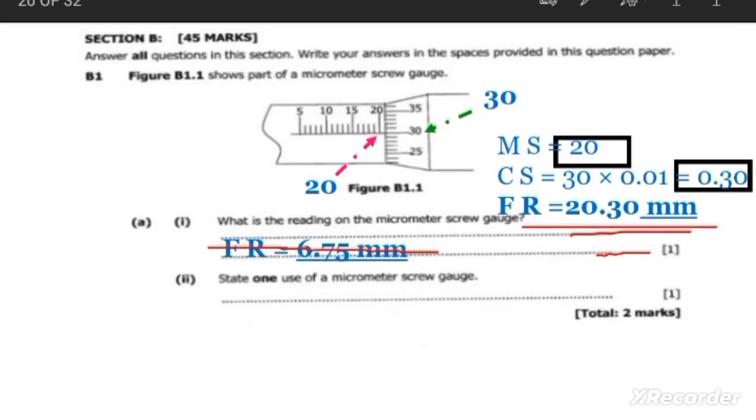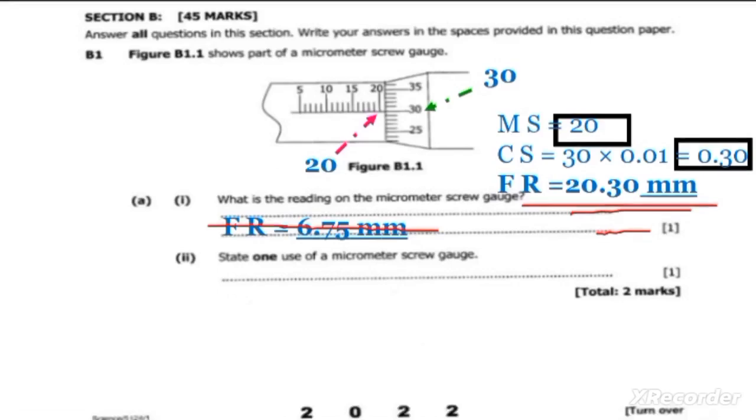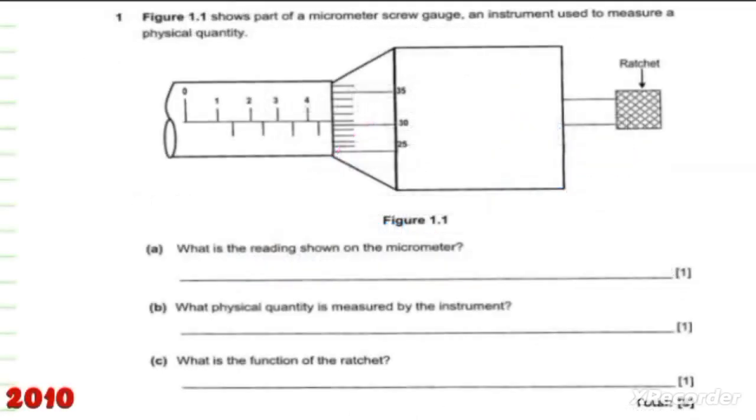Since we are told to state one use, we are going to say micrometer screw gauge is used to measure length of the small objects.